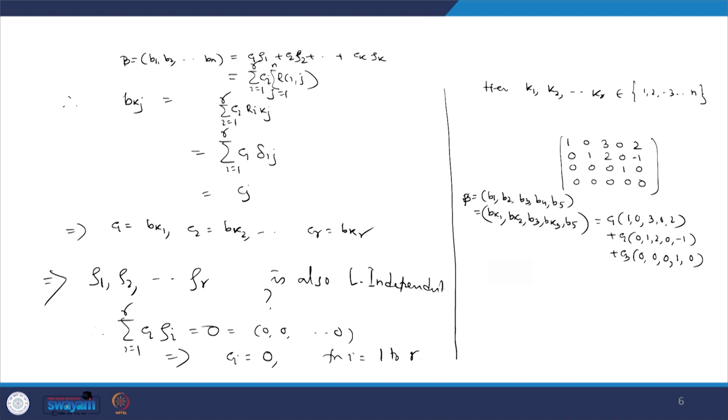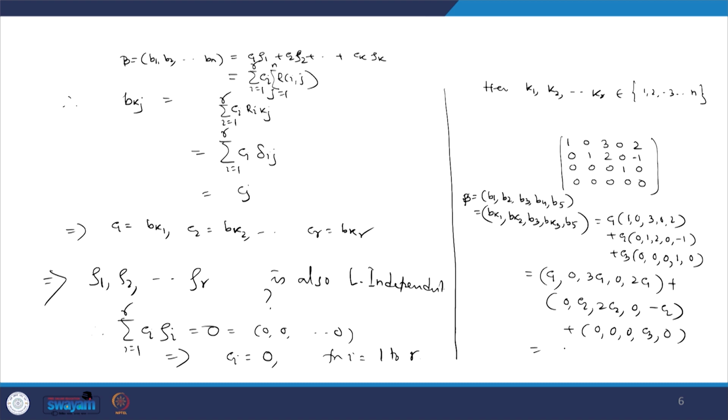Now, exactly the same thing I can also show here. You see the right hand side is equal to c1 times (1, 0, 3, 0, 2) plus c2 times (0, 1, 2, 0, minus 1) plus c3 times (0, 0, 0, 1, 0).